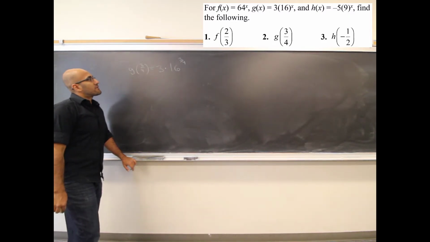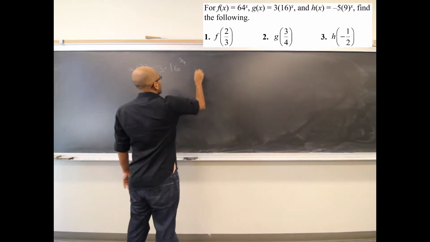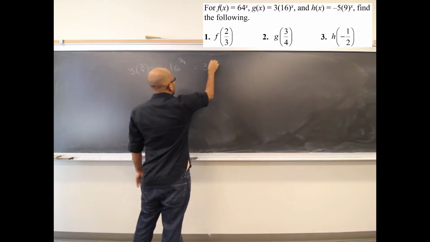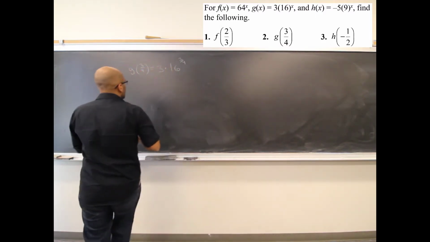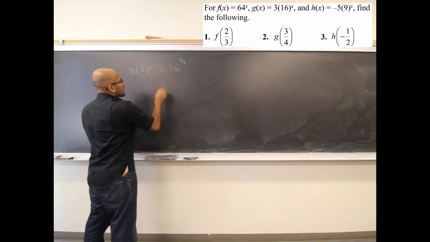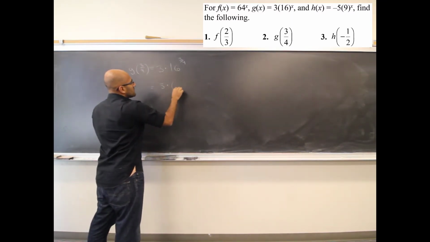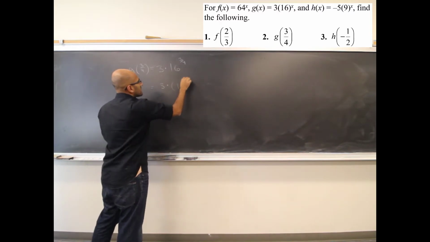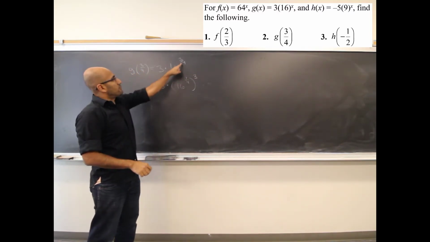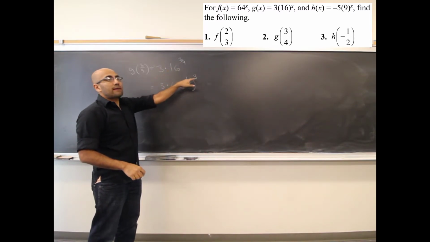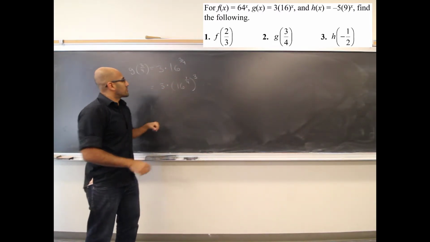So again, lots of different paths toward the answer. We could do 3 times 16... no, I'm going to go down. Working that way is going to be ugly. Let's go this way. I could rewrite this as 3 times 16 to the power of 1/4 raised to the 3rd power, breaking this up into 1/4 times 3 and raising that to the 3rd power.